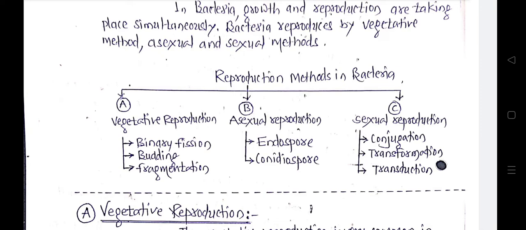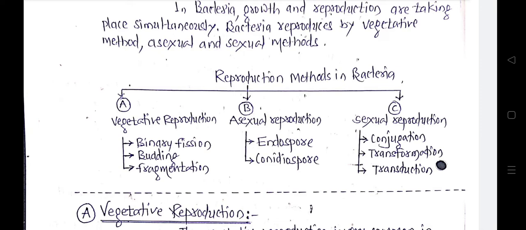While in asexual reproduction, the formation of endospore and conidiospore are the modes of reproduction. While in sexual reproduction, bacteria undergo methods like conjugation, transformation, and transduction.